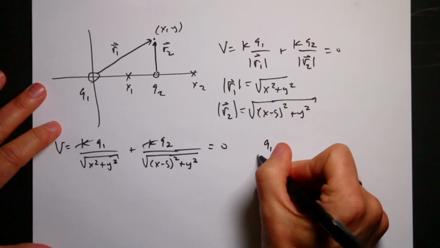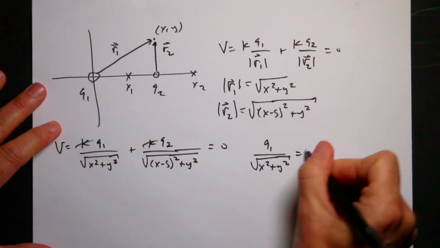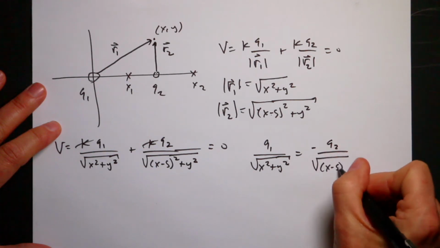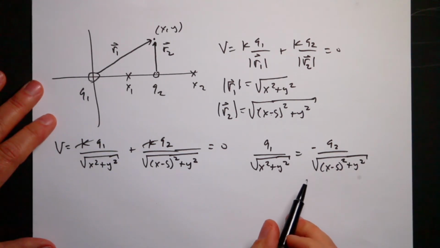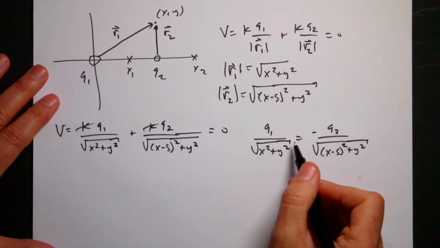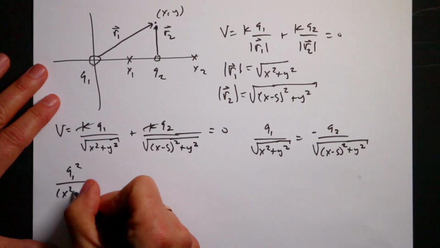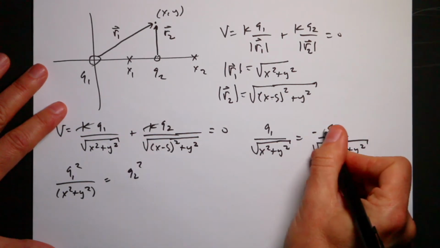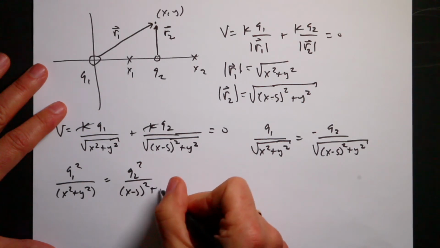So I get q1 over the square root of x squared plus y squared equals negative q2 over the square root of quantity x minus s squared plus y squared. Now, you see it's already more complicated, but we, of course, know tricks. Everyone knows some tricks, right? So I'm going to square both sides of this, and I get q1 squared over x squared plus y squared. Doesn't that look better? Equals q2 squared. It was negative squared, so that squares.